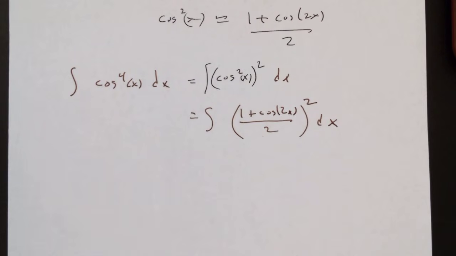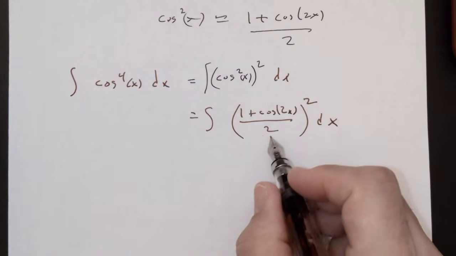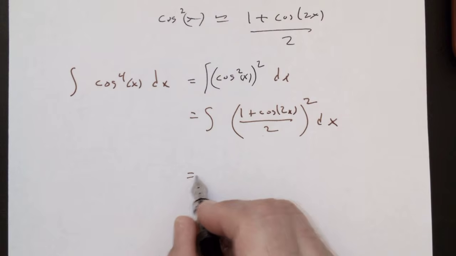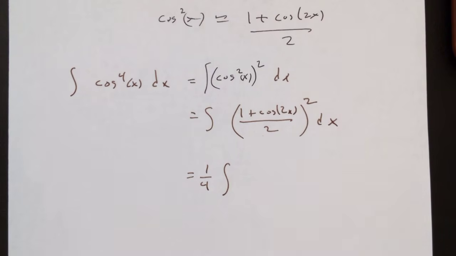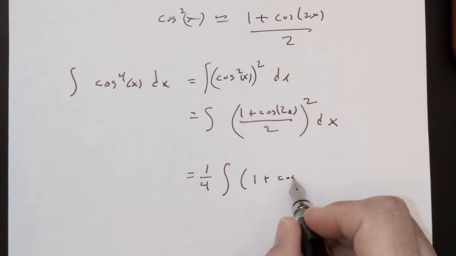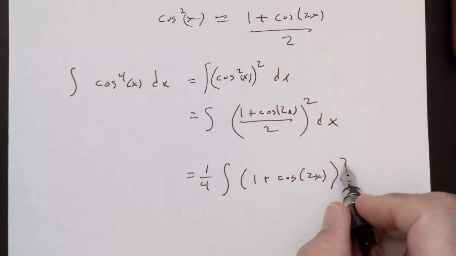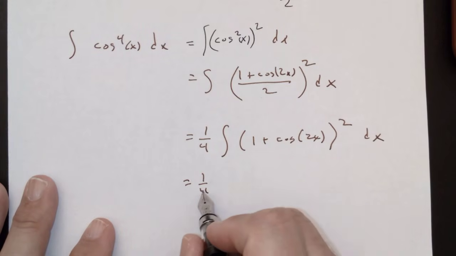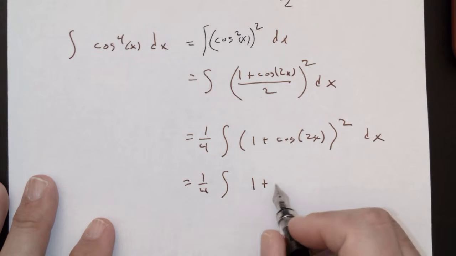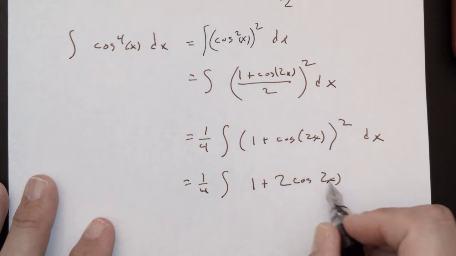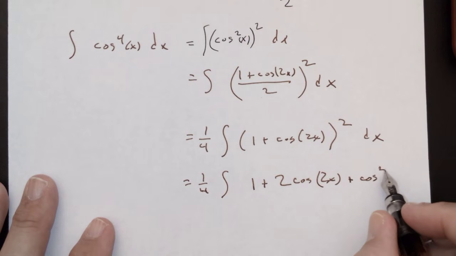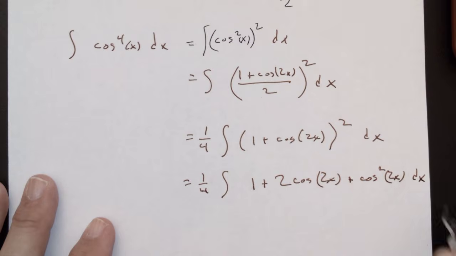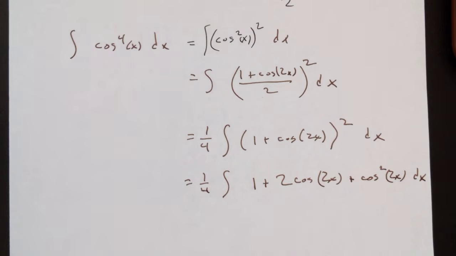Because it's cosine squared squared. All right, so I take the denominator. 2 squared is 4, so there'll be a 1/4. And then I'll have 1 plus cosine 2x squared. Square out a plus b, and I get 1 plus 2 cosine 2x plus cosine squared 2x, which means I have another cosine squared.